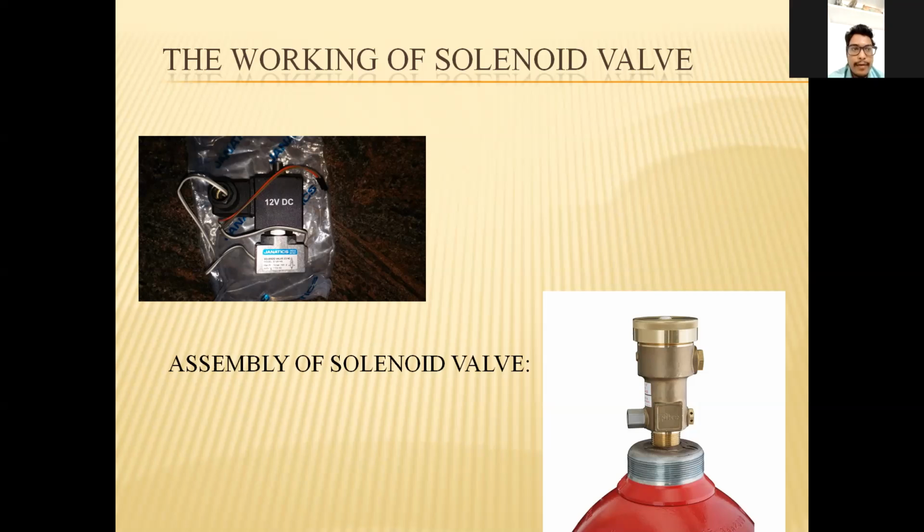When we get the required amount of carbon dioxide inside the incubator, then we stop supplying the current to the coil. So the coil gets de-energized, and the spring pushes the plunger downward. So the flow of gas stops, and the solenoid valve can effectively control the flow of gas inside the incubator.